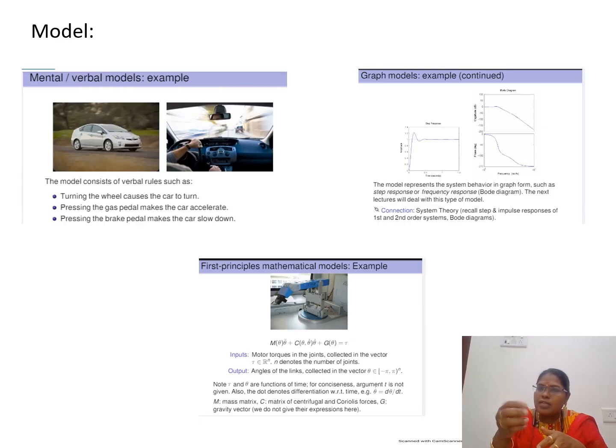Similarly, for time domain analysis, you find time versus amplitude. From this you will obtain a model, and that model will be used for system identification.